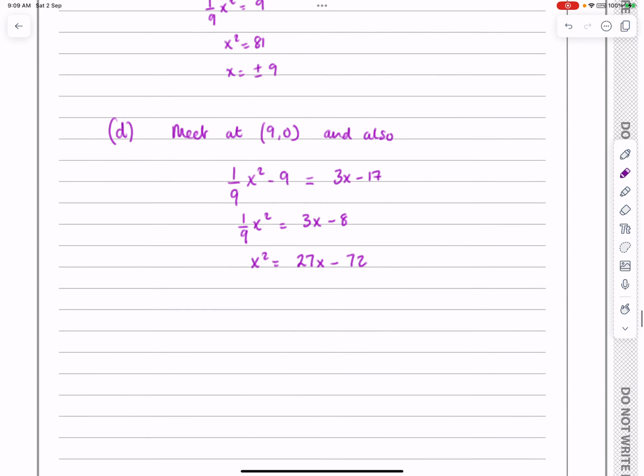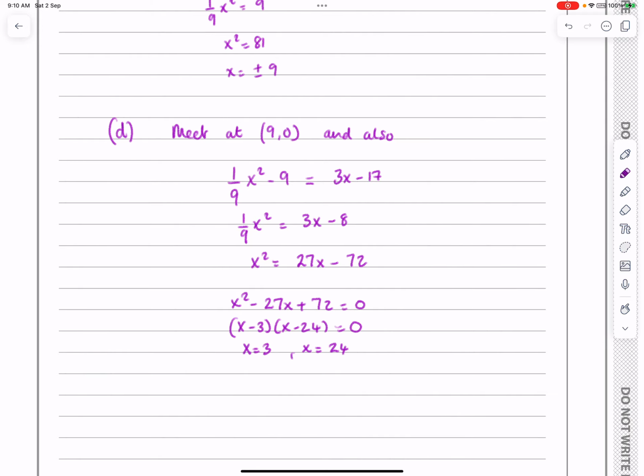I hope this is going to work out. Okay, x squared minus 27x plus 72 equals 0. I'd be pretty sure that this works if it factorizes, and it does. I can see that this does actually factorize, and the panic I had 10 seconds ago is gone. When we get something like that, we think, well, that hasn't happened by accident, has it? So I'm going to get x equals 3 and x equals 24.